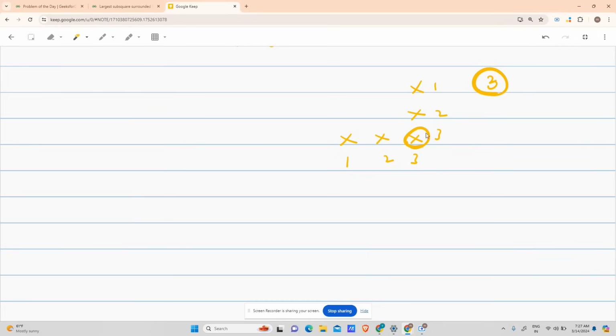I choose this corner for side 3. Now it might be possible that this is happening, but it doesn't guarantee that, so we will have to check whether this side square is still possible.